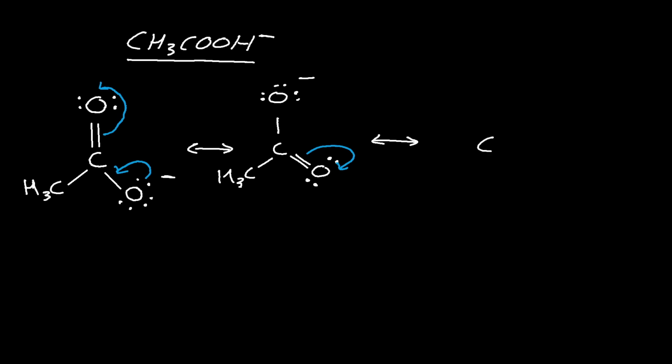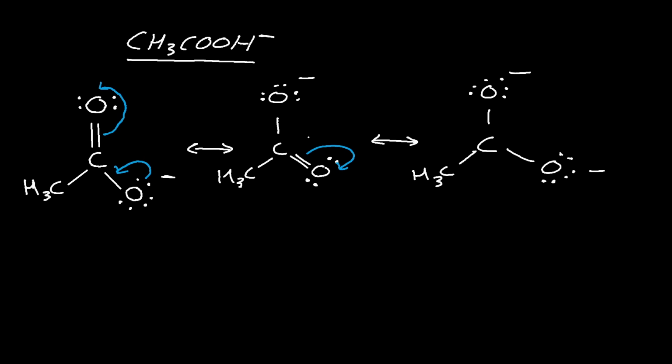Once again, we have the carbon in the center, we have the CH3 off to the side, and we have our oxygen with a negative charge up here unchanged. However, what we have now is a sigma bond coming to this oxygen, and we have three pairs of electrons and a negative charge. So how could this be possible? Because we have two negative charges on our oxygens and only one on the previous structure.